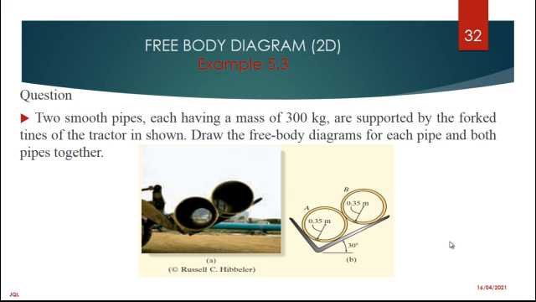The key here is two smooth pipes. Once they say it is smooth, this simply means they are not prevented from translating in one direction.